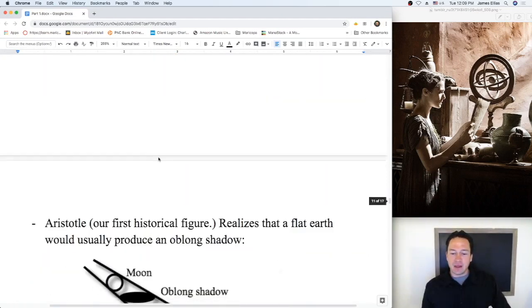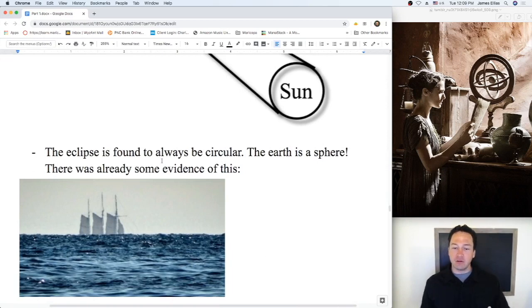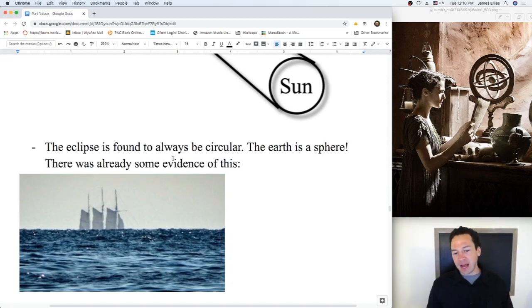Now, Aristotle was already aware of a hypothesis regarding the Earth being a sphere. Pythagoras, a thinker who came earlier than Aristotle, and Pythagoras was a real thinker as well, said that he thought the Earth was a sphere because if you look at ships, if you look at this photo here, when you look at ships as they're going over the horizon, they seem to sort of sink below the horizon in this way.